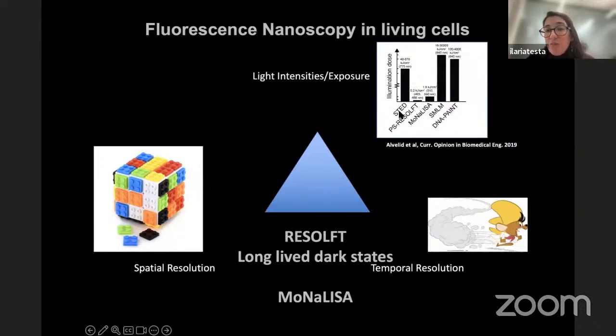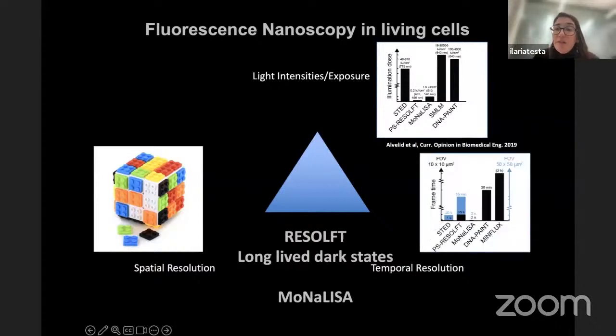You see STED, PALM, SMLM are the most famous, but still in different ways. STED uses high peak power for a very short time, and single molecule methods use lower intensity but for longer time. They still overall need quite a lot of light dose. While with our reversible switching, and here you see RESOLFT and MoNaLISA, we can decrease it simply because this protein can switch with less light.